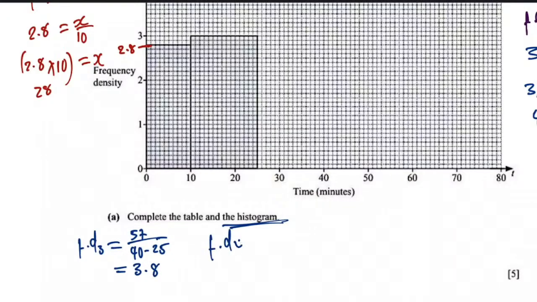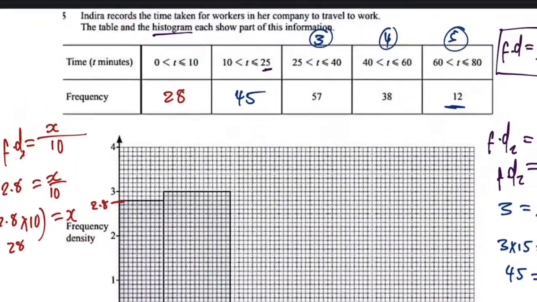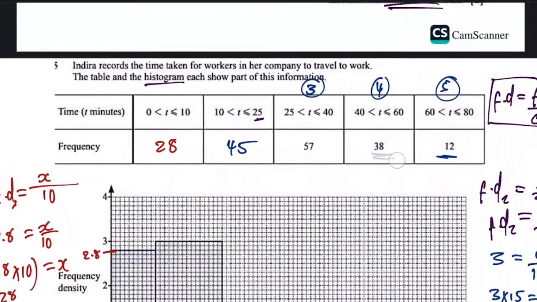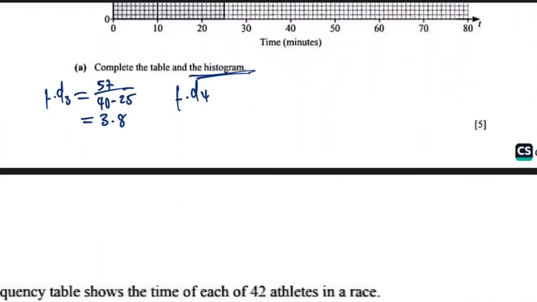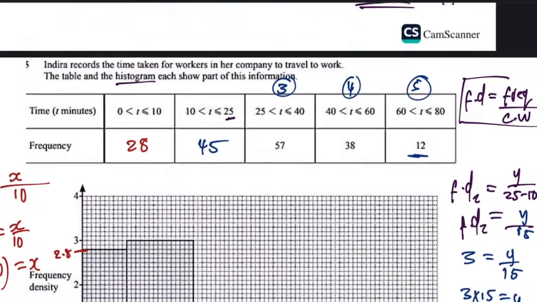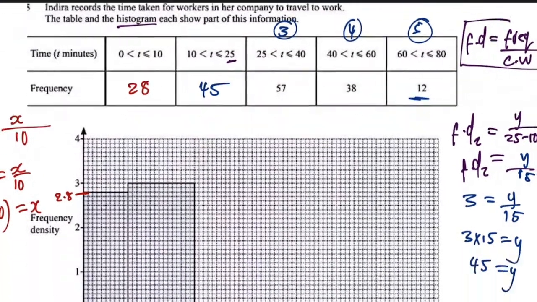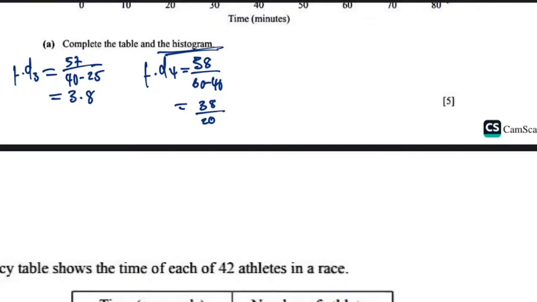And then there's the frequency density of the fourth one. The frequency is 38, divided by 60 minus 40. So this is going to be 38 over 20. What is 38 divided by 20? This is 1.9.